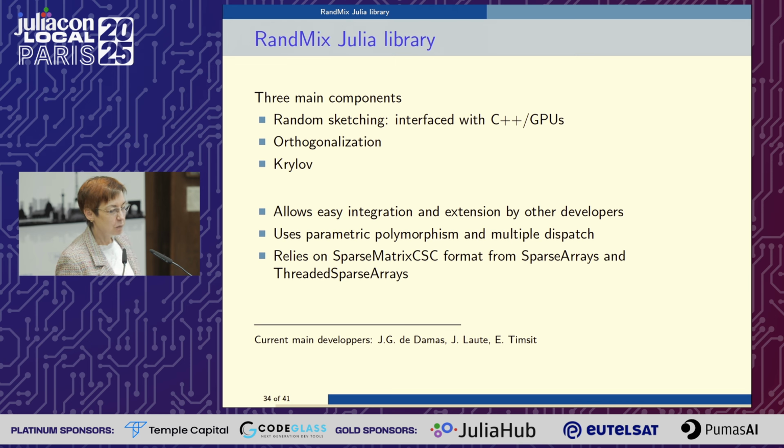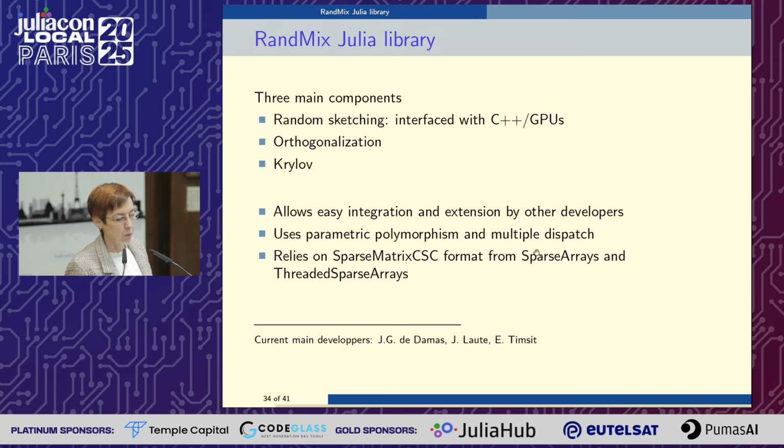As I explained, random sketching is really an important part, so this part is done in C++ and for GPUs. Then we have three main components: random sketching, orthogonalization, and Krylov. The goal is to make it available such that people can integrate it easily, but also people who would like to develop and extend it can contribute easily.